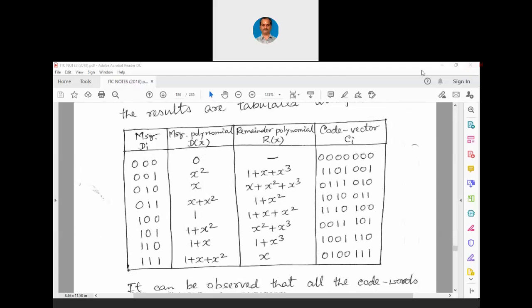Let us add the second code with the third code. Now it is 1, 1, 0, then 0, then 0, then 1, then 0. Carry can be discarded.